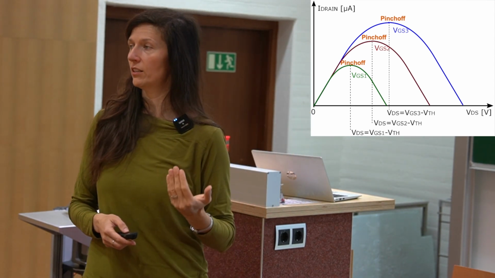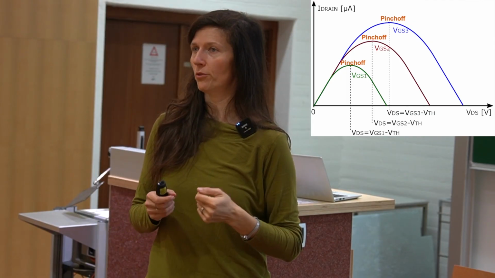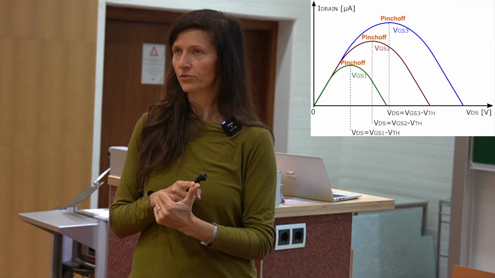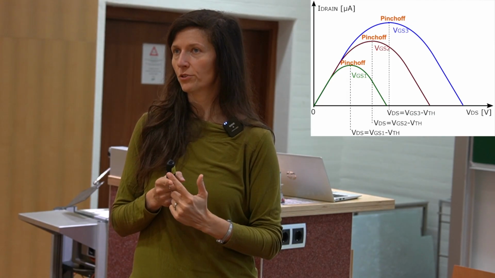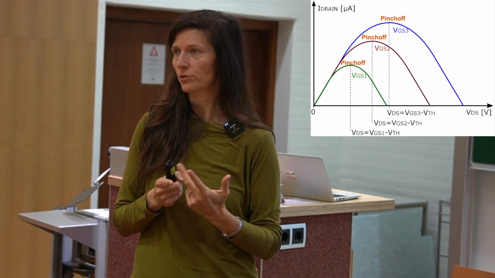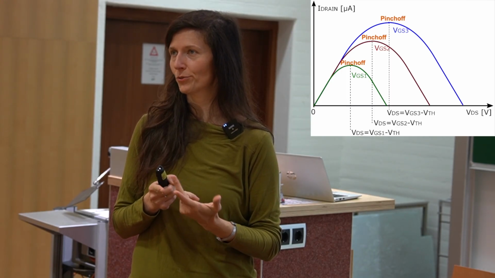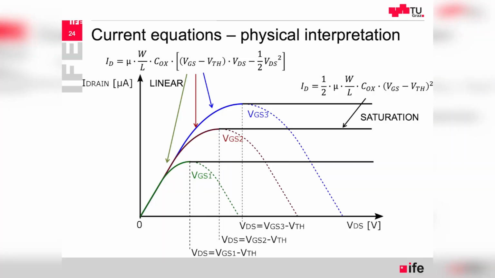So this condition tells us, if we know the transistor threshold voltage, the gate to source voltage, and the drain to source voltage, whether the transistor is in the saturation or in the linear operating region. And from the circuit perspective, that will be very important, because in some circuits we really want to ensure that the transistor is operating in saturation.